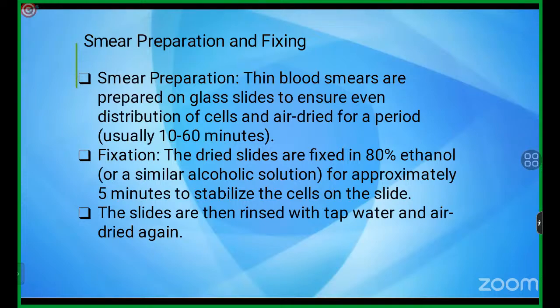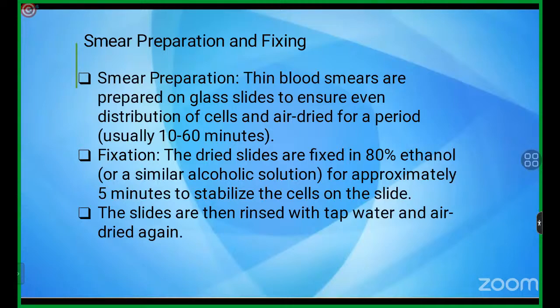The dried cells are fixed in 80% ethanol or a similar alcoholic solution for approximately 5 minutes to stabilize the cells on the slide. A question might come, why 10 to 60 minutes? This time span is wide, but it usually depends on how fast the slide dries naturally.